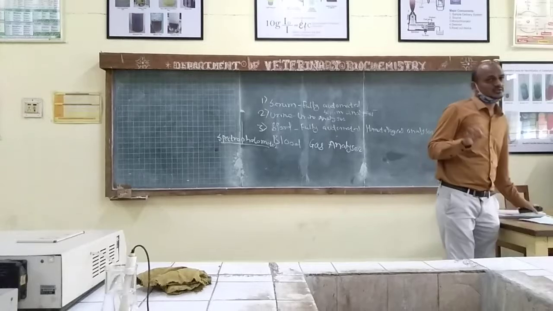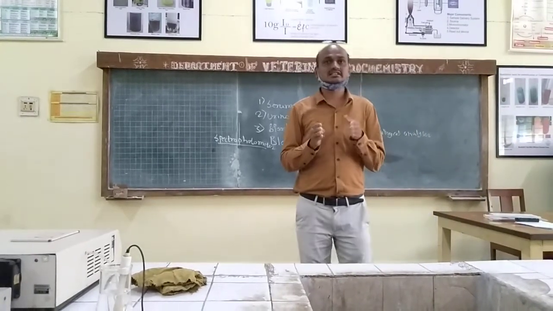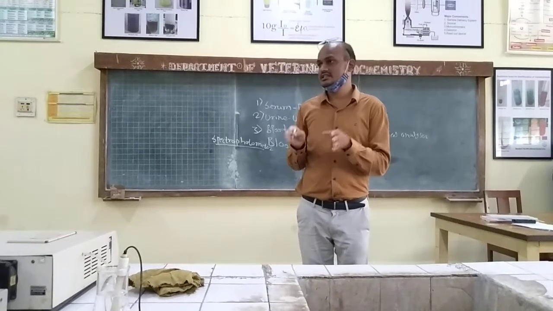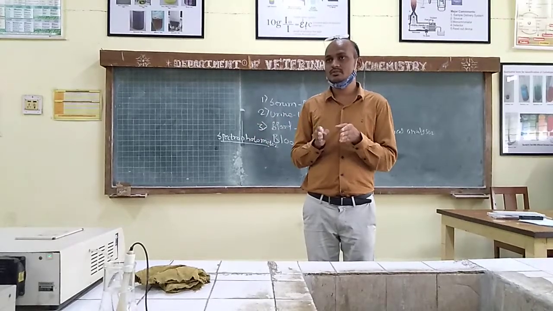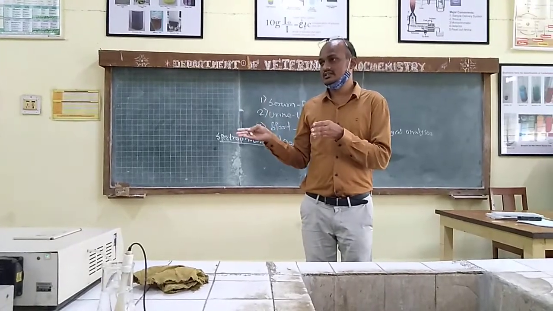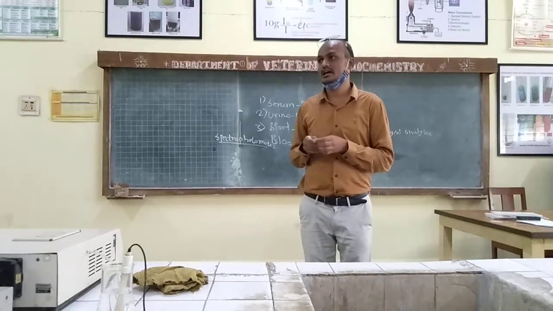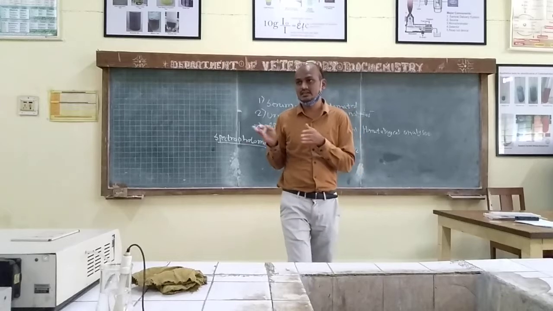So basically, when you do the hematology analysis, your aim is to see the differentiation, how much is the RBC, how much is the WBC. If WBC is there, how much is the lymphocyte, how much is the granulocyte, right? Neutrophil, eosinophil, basophil, how much of this concentration is there, and what is the purpose of MCV, MCH?